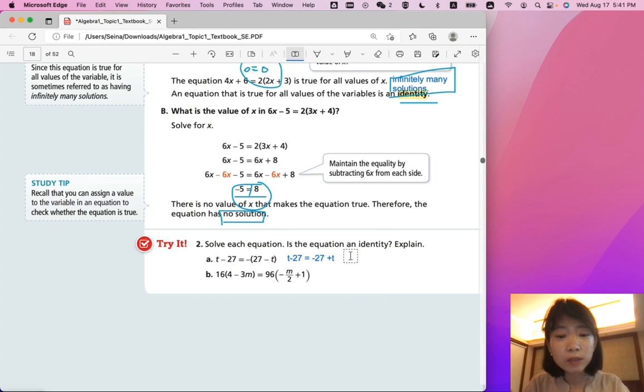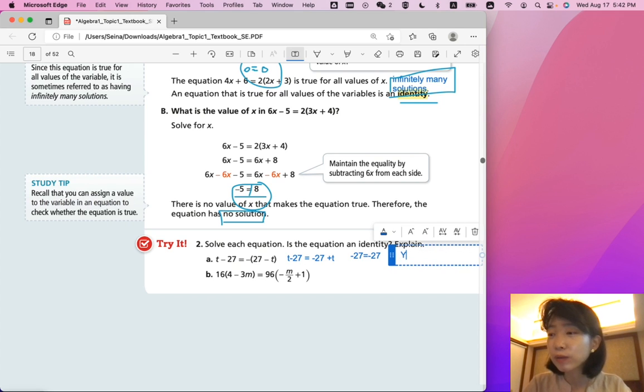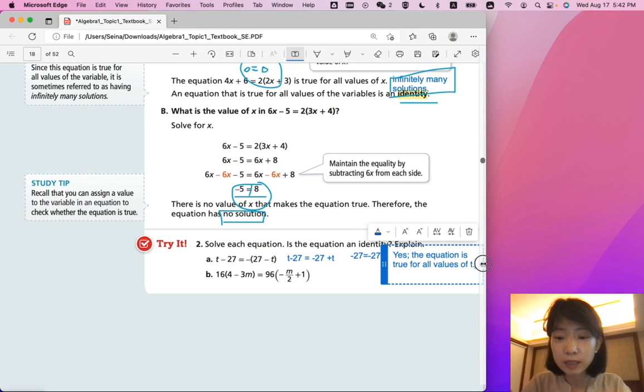And then you will get rid of t and you get negative 27 is equal to negative 27. Is this an identity? Yes, it is true. Yes, the equation is true for all values of t. So yes, this is an identity statement.